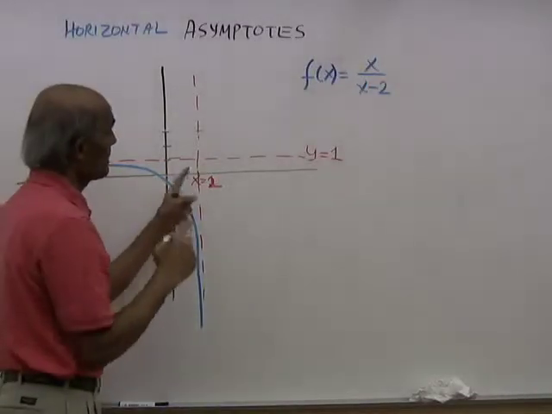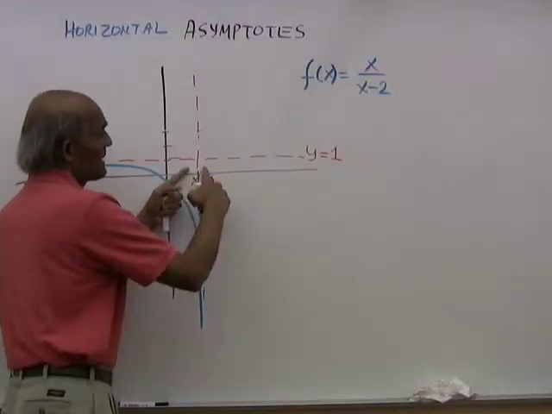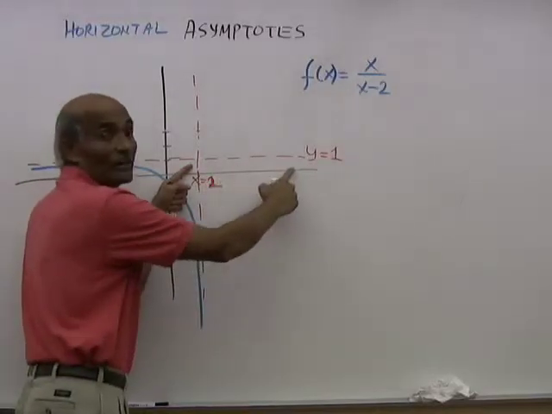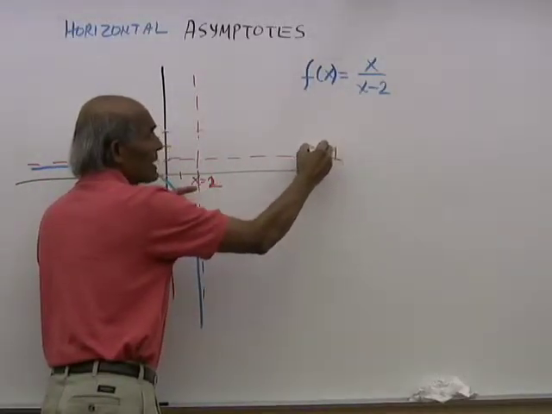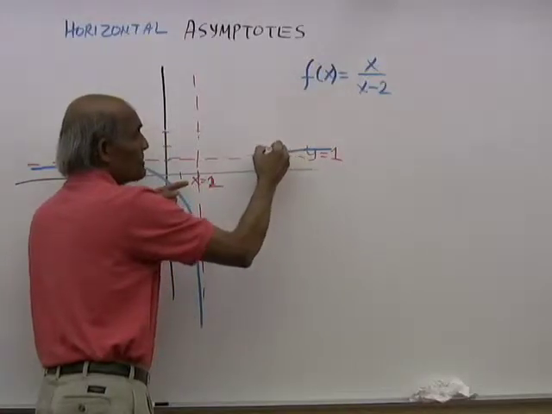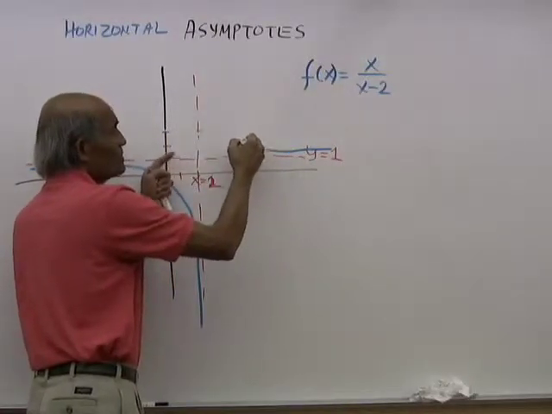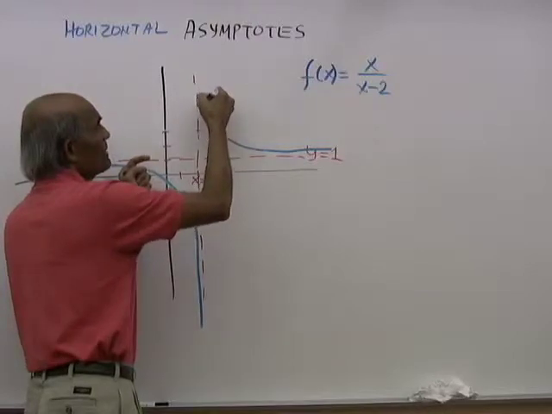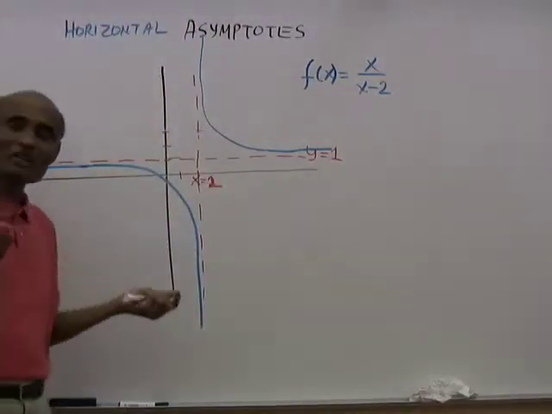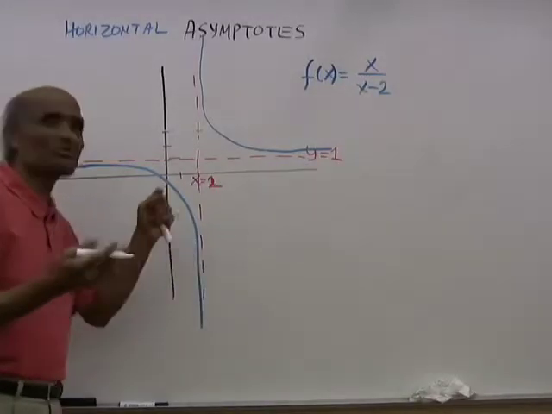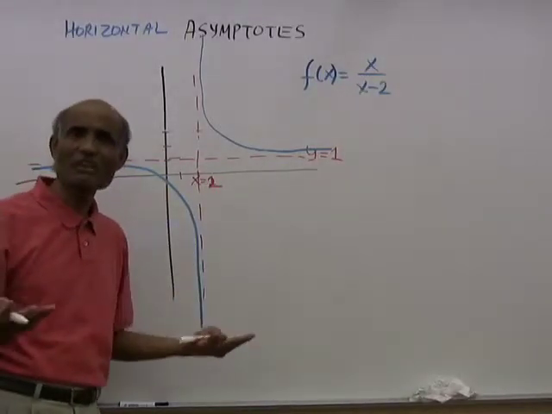Then, on the other side, as x is very, very large, the function value is very close to 1. And as you come closer and closer to x equal to 2, the function value goes to positive infinity. You can see this information will help you to sketch the graph almost very accurately.